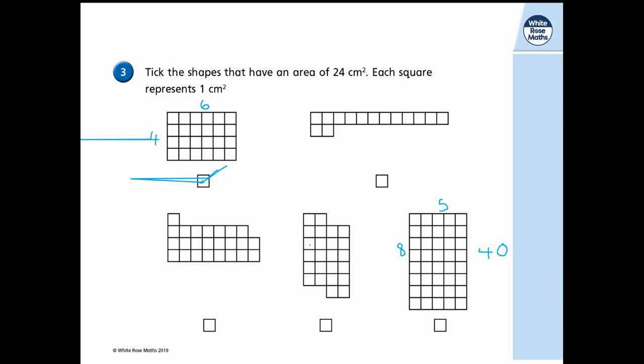Here I've got 1, 2, 3, 4, 5, 6, and another 6 is 12, 13, 14, 15, 16, 17, 18, 19, 20, 21, 22, 23, 24. And then here, if I put that square there, then I've got 3 lots of 1, 2, 3, 4, 5, 6, 7, 8, which would be 24. Well done if you got those ones right.